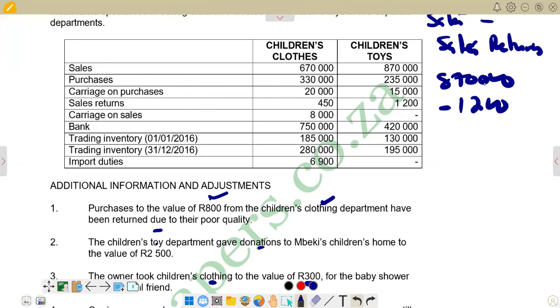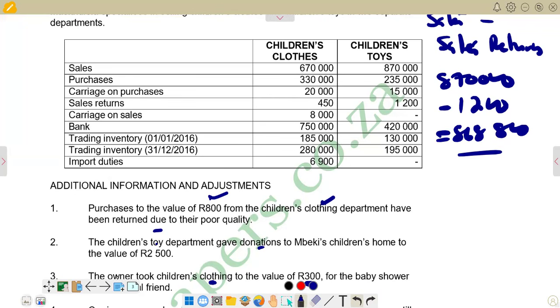So let's try to calculate that one. 870,000 minus 1,200. You'd see that the figure that we are getting is 868,800. So this is our figure that we have.